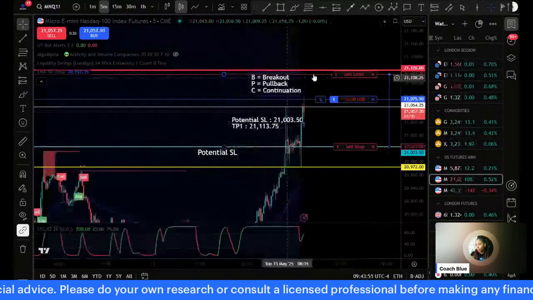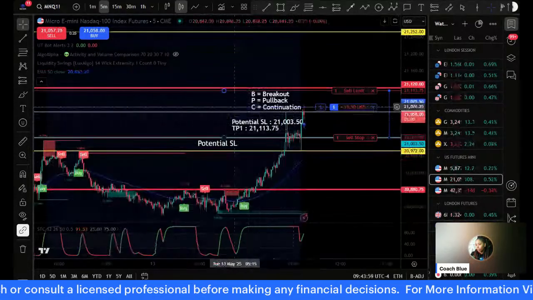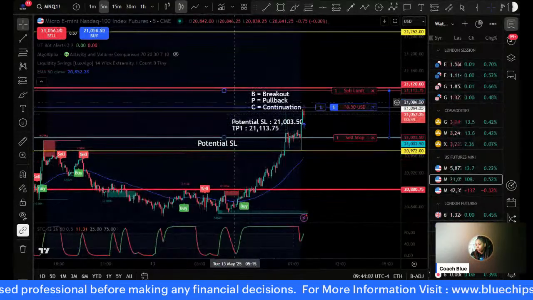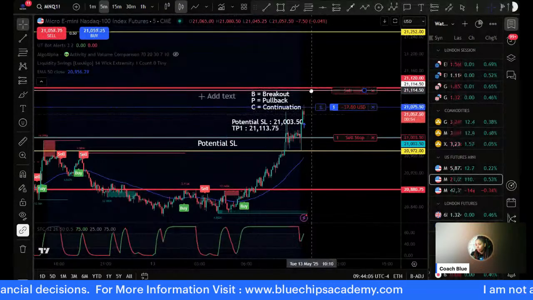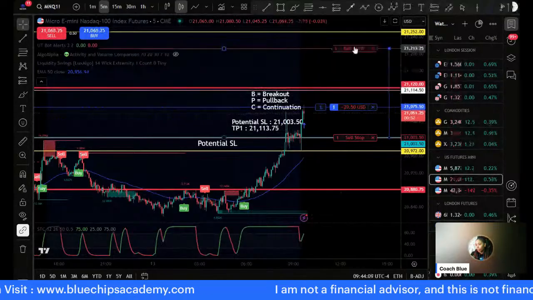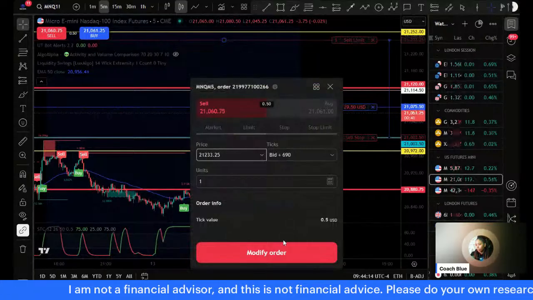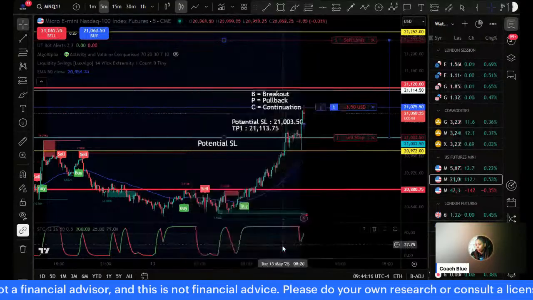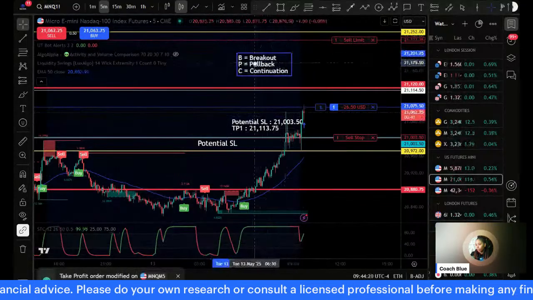Now TP2, if we break, will probably be right. I'm going to put this here so I can have a guide for that. TP2 would be about 21,233.25.